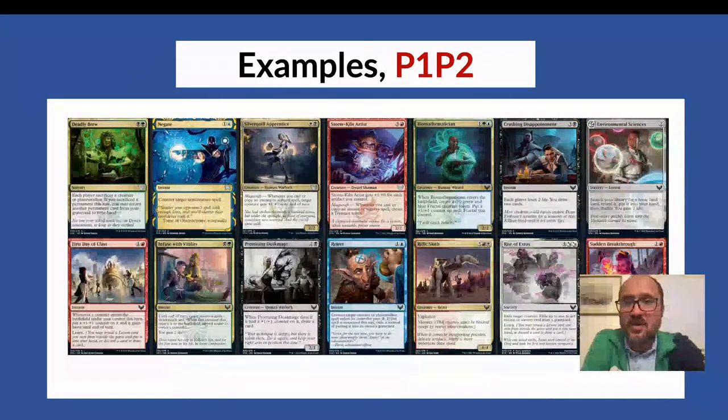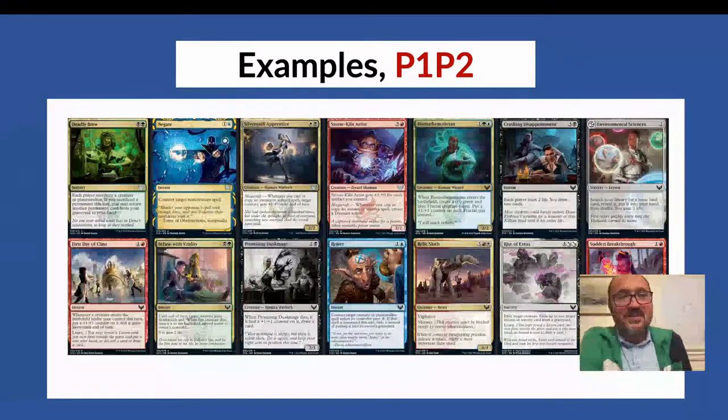There's the Silverquill Apprentice, Rise of Extus, so we know that even if we pick a white-black card, we're sending unwillingly a signal that white-red is slightly open, because Rise of Extus is one of the best cards, even if we pick the Silverquill Apprentice, and if we pick Rise of Extus, Silverquill Apprentice is one of the better cards. So whatever we pick from white-black, we're sending a slight signal that white-black is open.